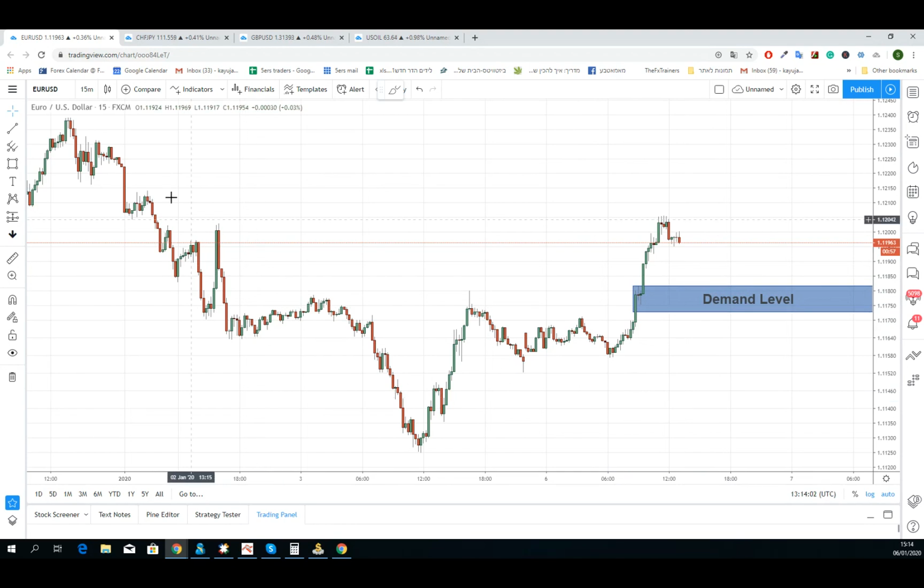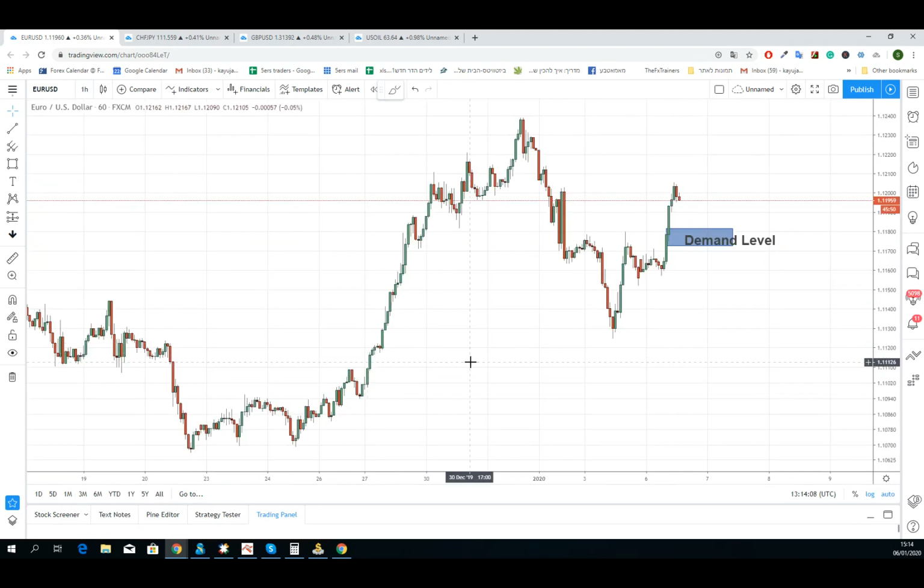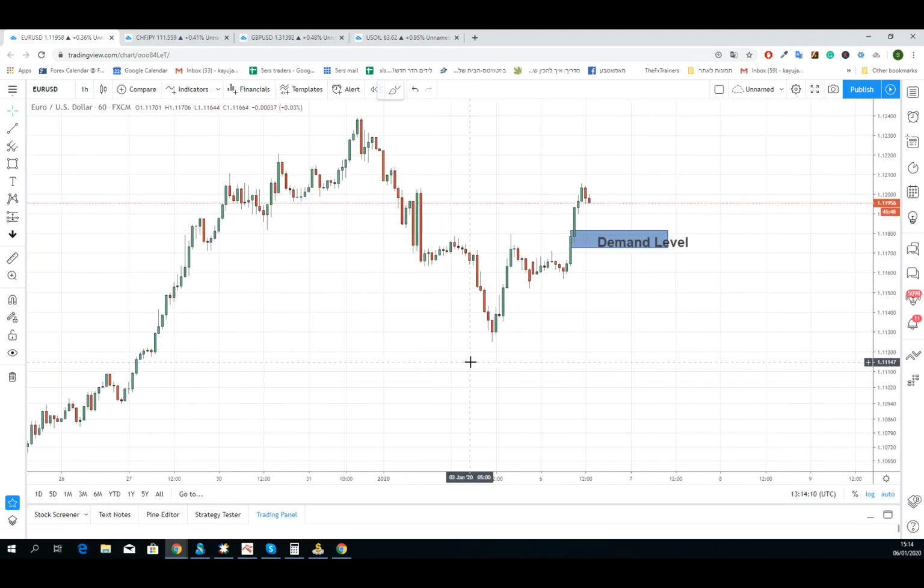And one more thing is that if we look more closely at the hourly chart, we can also see a kind of twisted reversal head and shoulders pattern. You can see here the left shoulder, all this area. This seems like a head, and this one looks like the right shoulder.